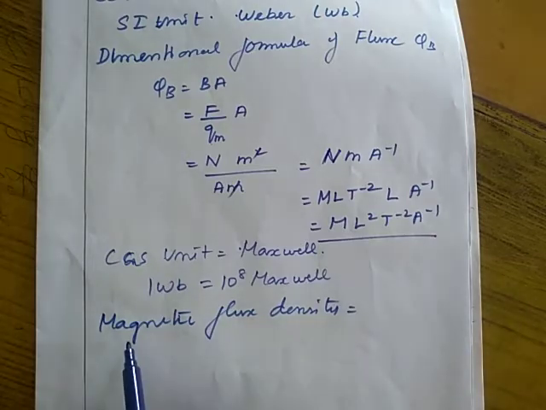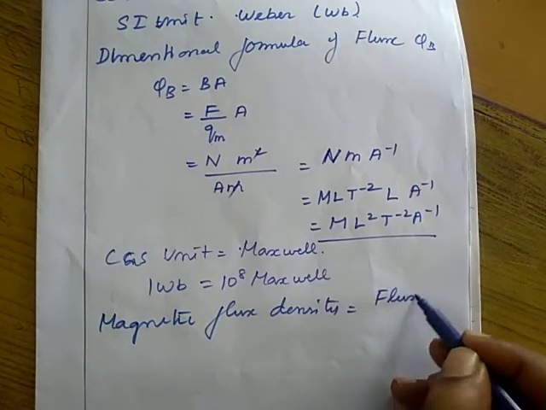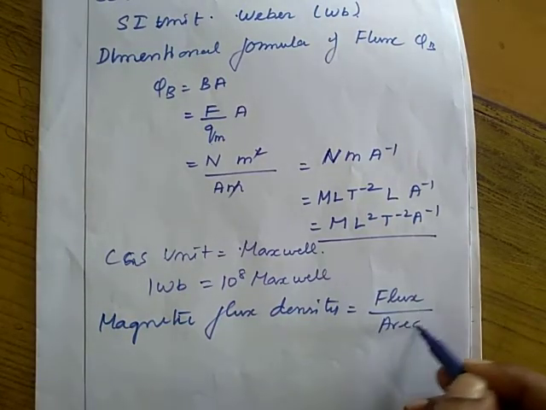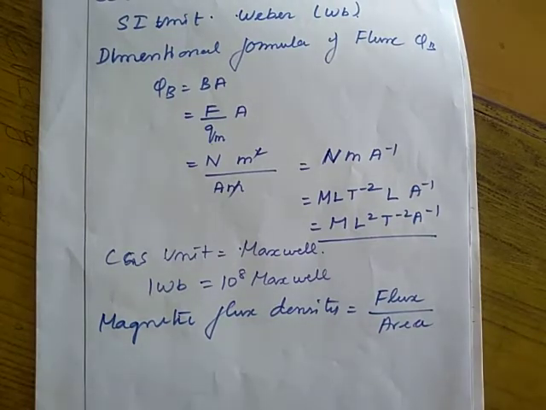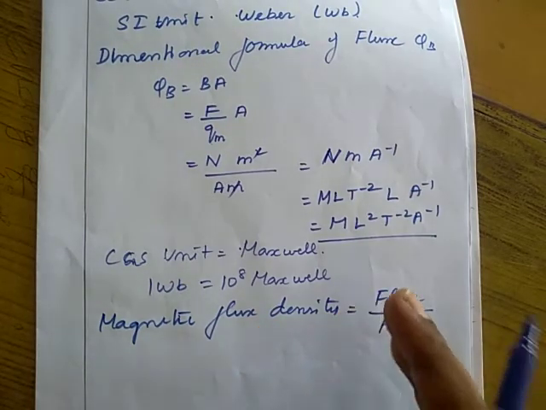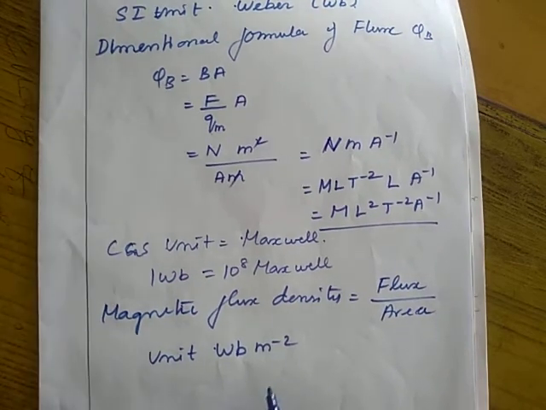Magnetic flux density is flux per unit area, that's all. Here we place this plane perpendicular to the magnetic field line. The unit of magnetic flux density is Weber meter power minus 2.